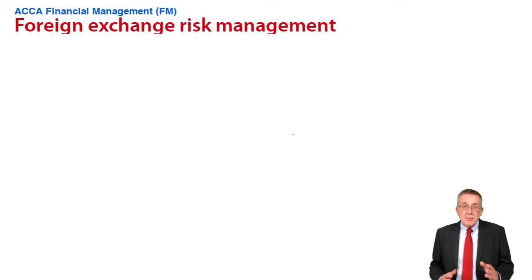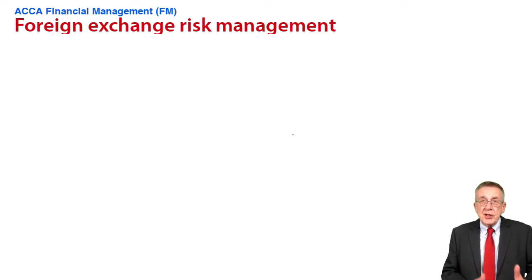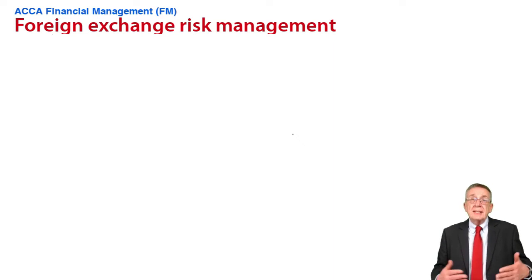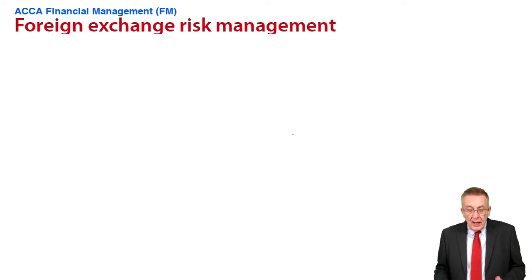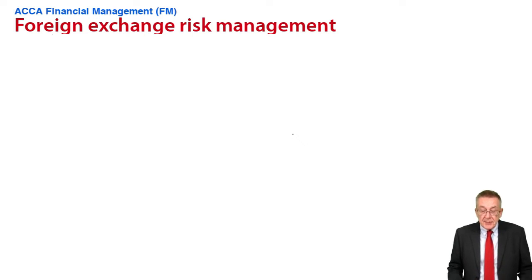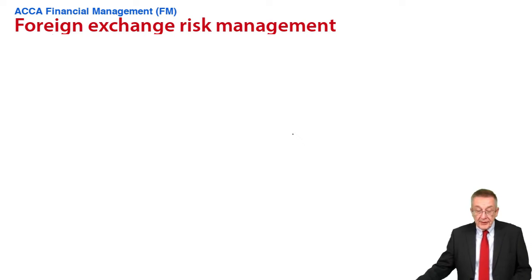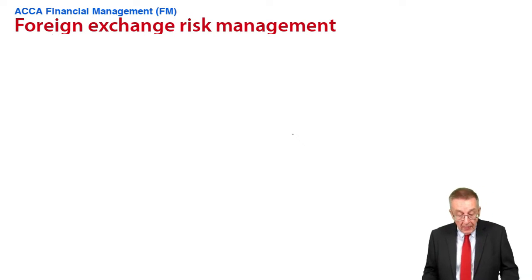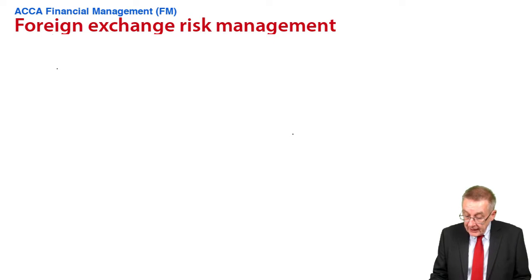The most obvious risk being, of course, that the exchange rates stand to change. But in fact, there are three types of risk that you need to be aware of, and they're listed on the first page. The first one is transaction risk.